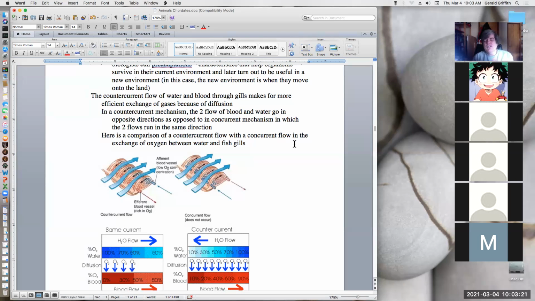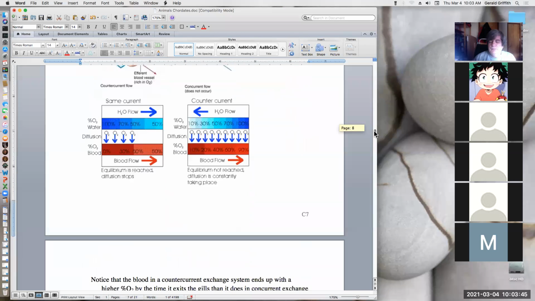In a countercurrent exchange mechanism, we have two tubes that are going to exchange materials, and they flow in different directions. That's the countercurrent part. We can also have a concurrent exchange. In concurrent exchange, two things flow in the same direction.